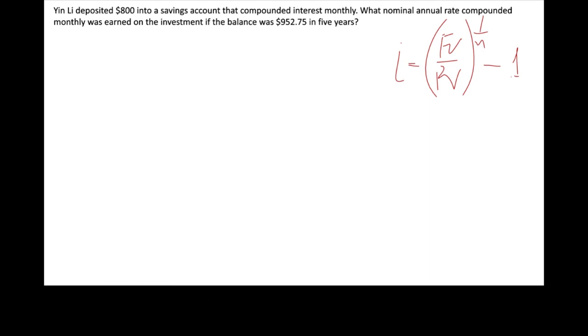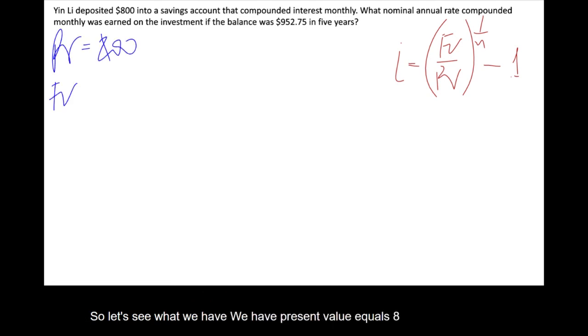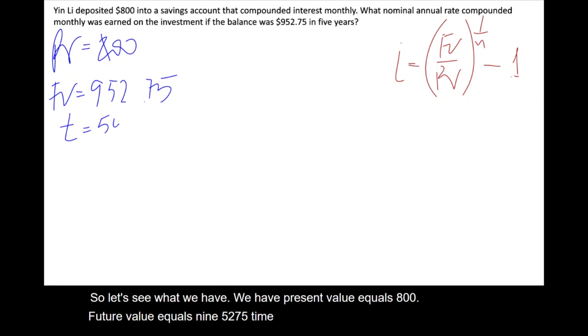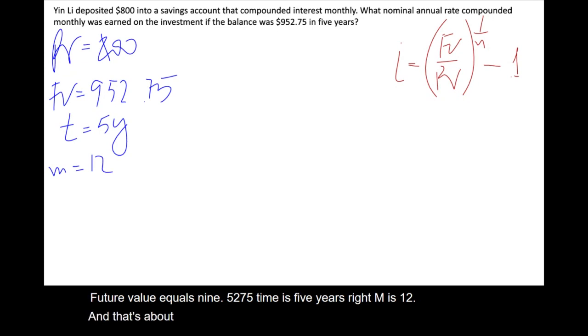Okay, so let's see what we have. We have present value equals 800. We have future value equals 952.75. Time is 5 years, right? M is 12, and that's about it, right? What nominal annual rate compounded monthly?